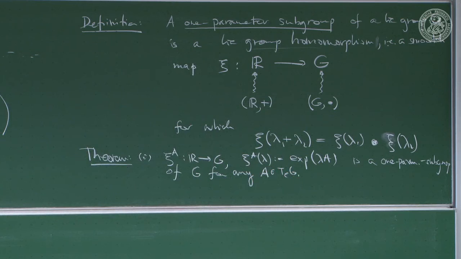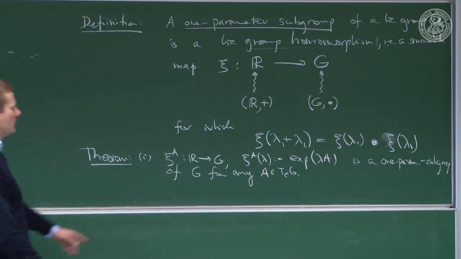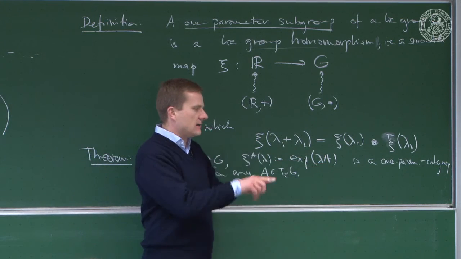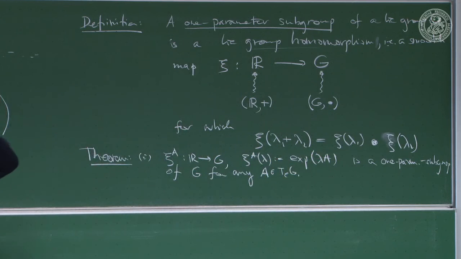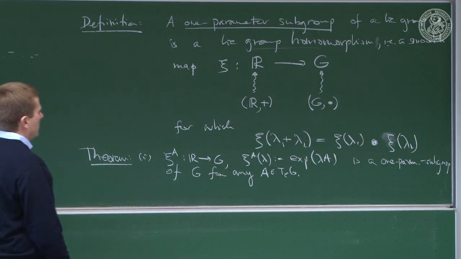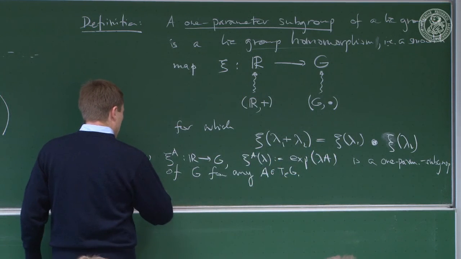Okay? So if I now take an A and then I scale it, scale it, scale it, you have a one-parameter subgroup. If you think back of the circle, right, it's a one-parameter subgroup you have there. So that's one thing one can show.